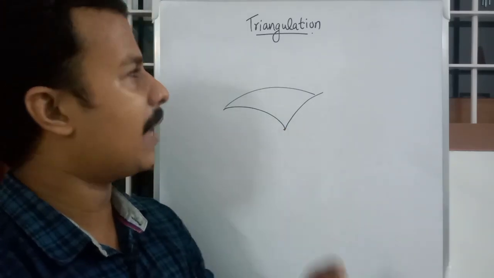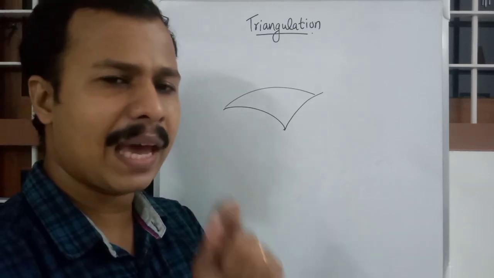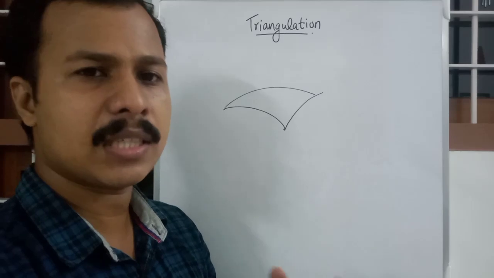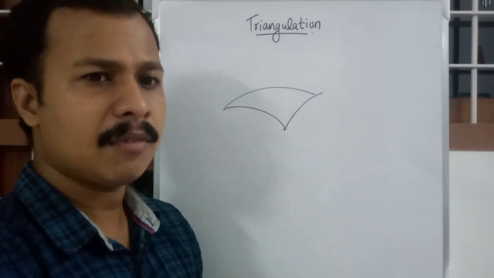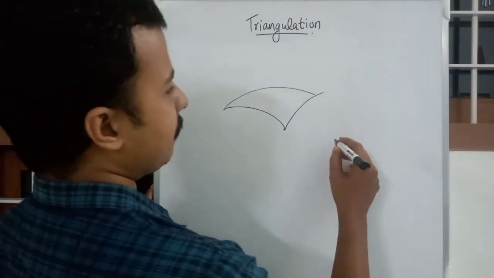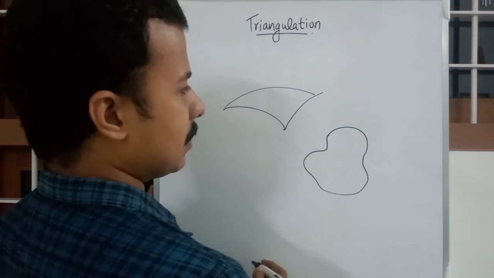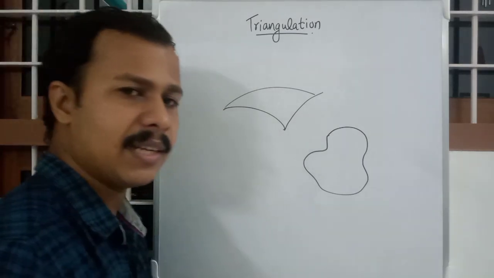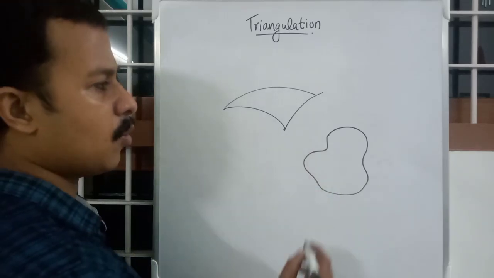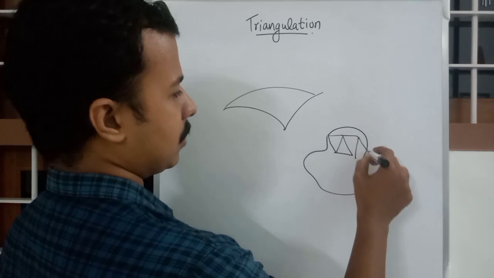So triangulation is such a survey. When we make a map of a state or a district or a country, even a country, we will need triangulation. Suppose we are considering a map of this area. By the name triangulation, it means that we will be dividing this area into smaller and smaller triangles like this.